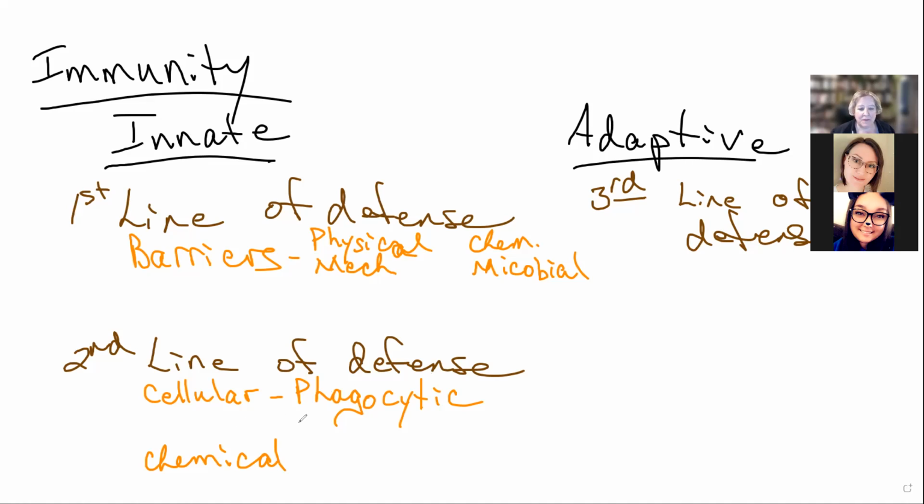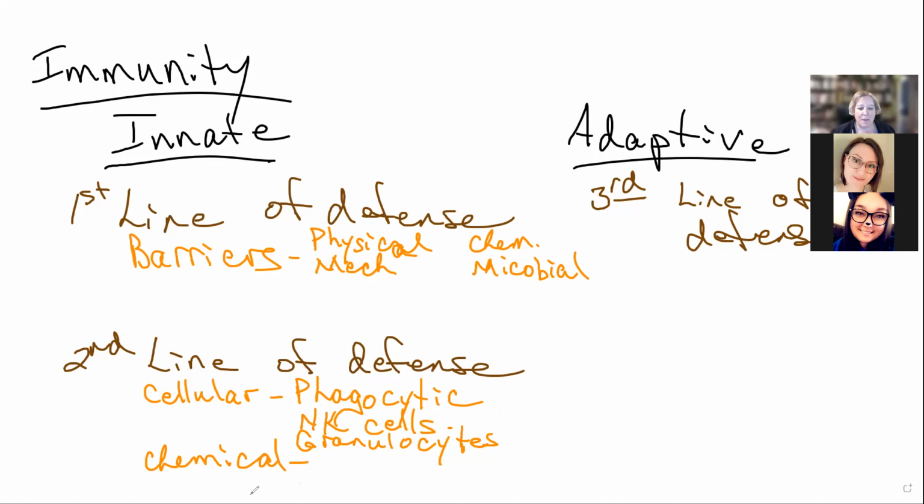Then we also have natural killer cells, which are related to the cells of the 3rd line of defense, and we're going to be talking more about them. And then we also have granulocytes. These are cells that carry chemical warfare. They carry chemicals within them that, when released, cause the death of pathogens. Like I said, next time we're going to talk more about these.